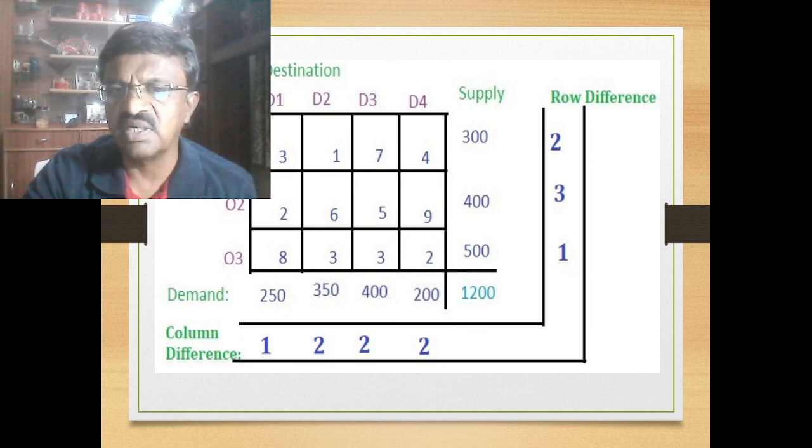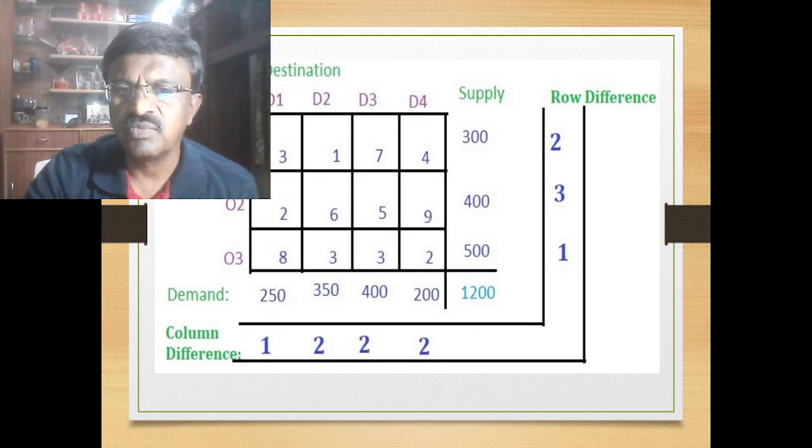There are 7 penalties or differences. Out of these penalties, which is the maximum one? The maximum occurs at the second row, as 3. So the second row is to be allocated. In the second row, there are 4 cells. Which cell is to be allocated first?